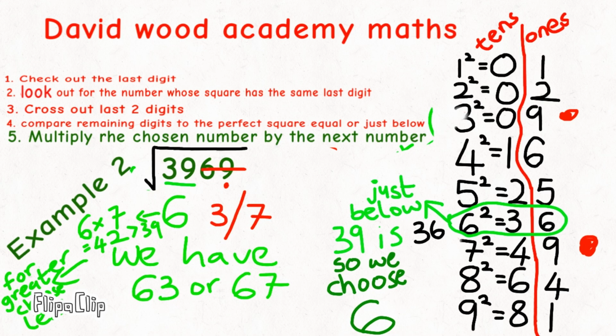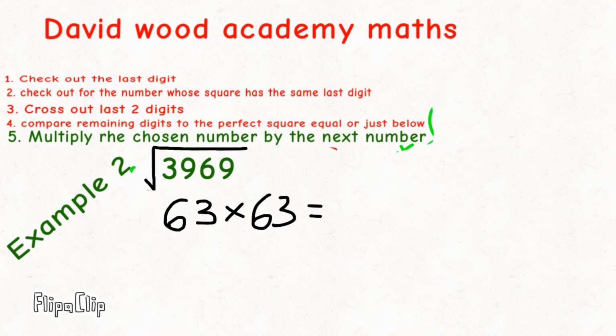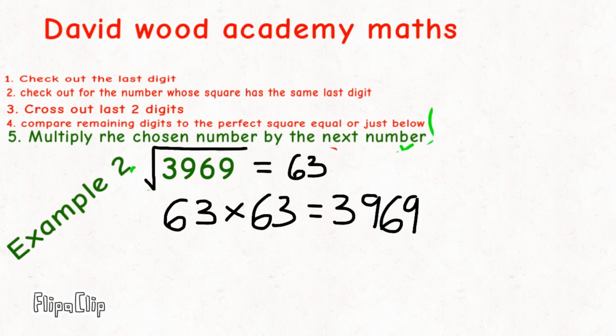Then, we compare the 42 to the 39. Now, 42 is greater than 39, so we choose the lesser number of the two, which is 63. This means our final answer is 63. Indeed, that's right. 63 times 63 will give us 3,969. Hooray! Now you can try more examples on your own.